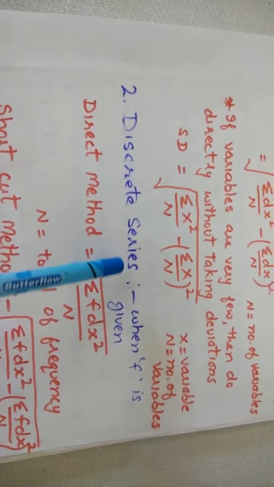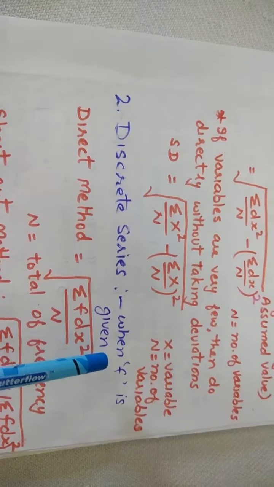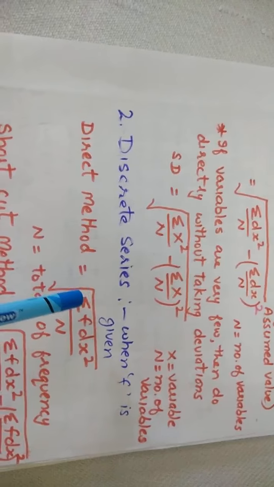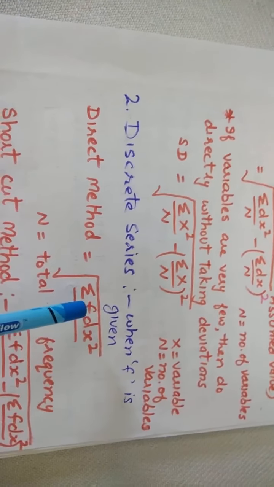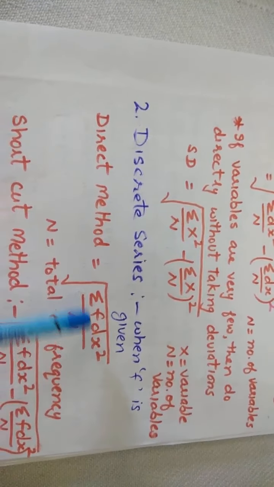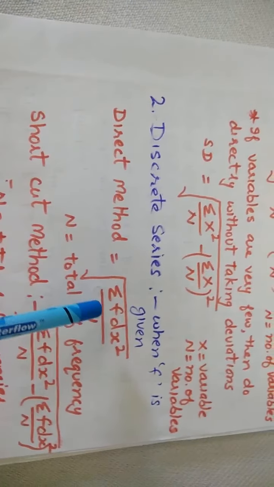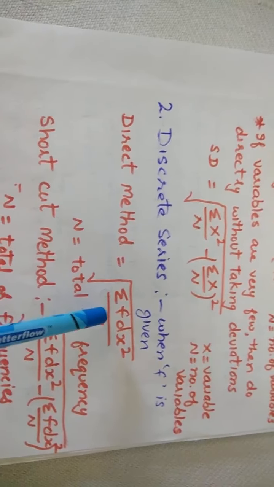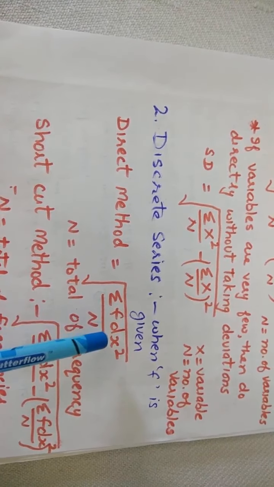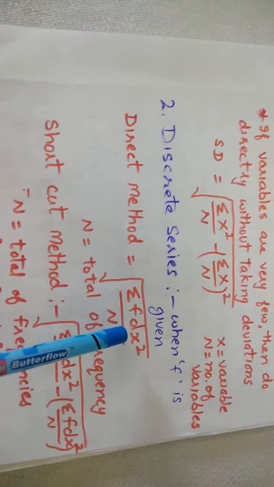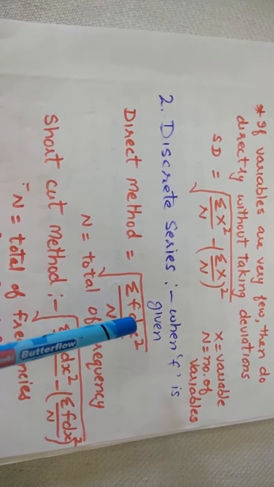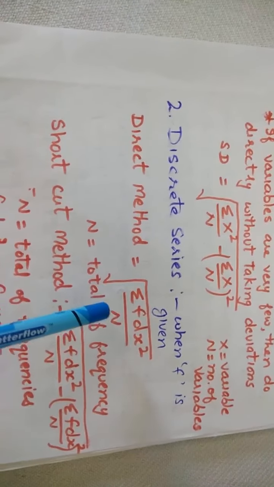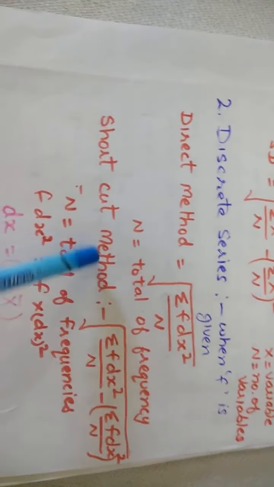When discrete series, in discrete series frequency is also given. Formula is same, but just multiply frequency with deviations. Direct method: summation f dx square over n, whole square root. F is frequencies, dx is deviation taken from mean, then square it, then multiply with frequency, n is total of frequency.